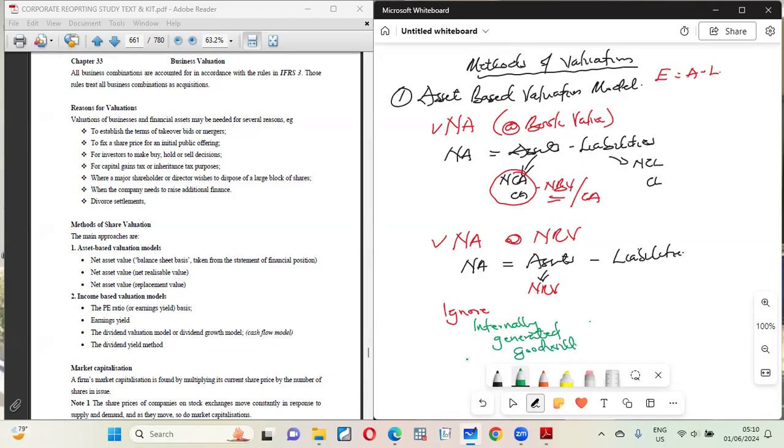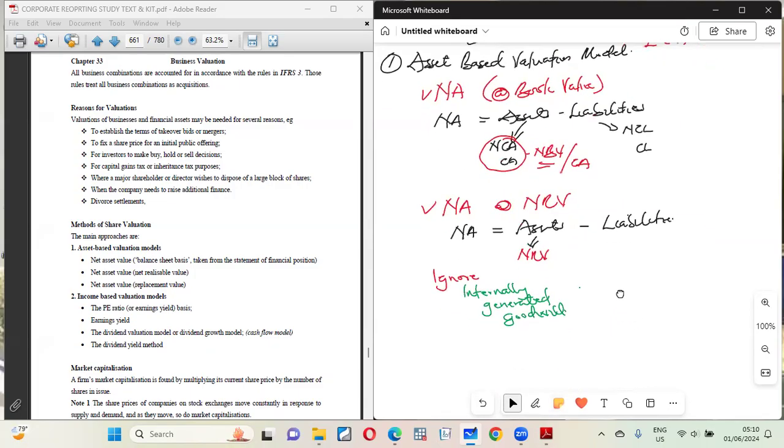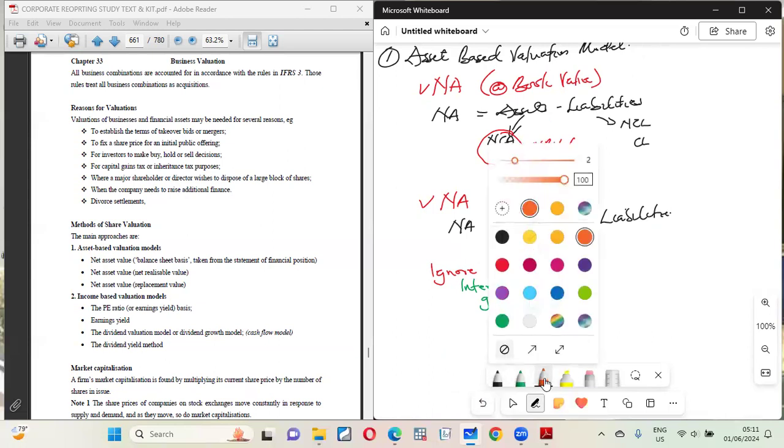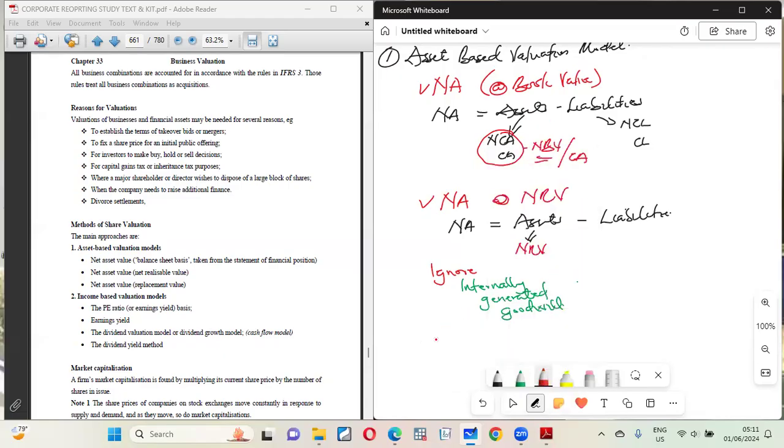All right. And again, in terms of the liabilities, I'll go deeper into the liabilities a little, whether book value, whether net realizable value, or the last one, which is also net asset. The last one is also net asset, but the focus of the net asset, we are using replacement cost.